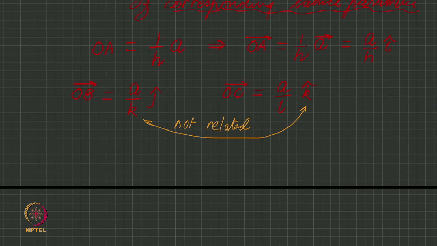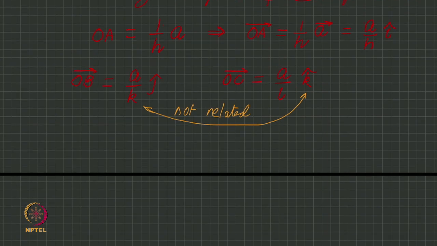Now, let us recall that our plane was A, B, C, and O was the origin, and I have now developed formulas for the vector OA, vector OB and vector OC.